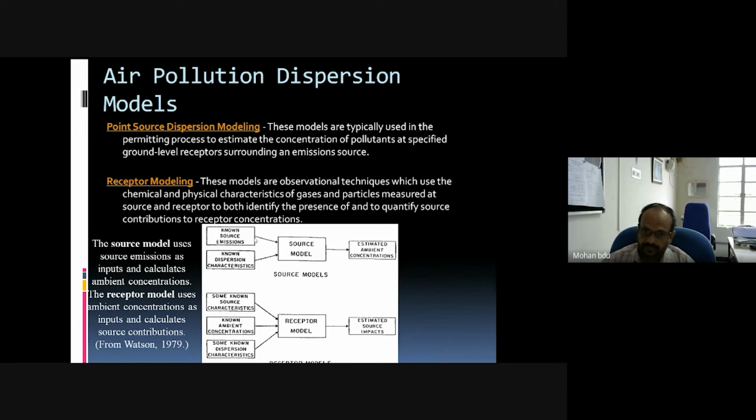The data from the air monitoring instruments can be used in the receptor model, like the chemical mass balance model, or the positive matrix factorization model, or even a simple PCA, that is, principal component analysis.